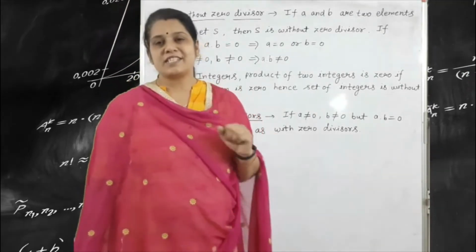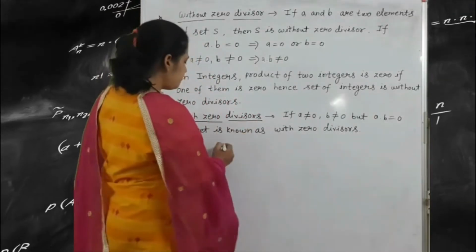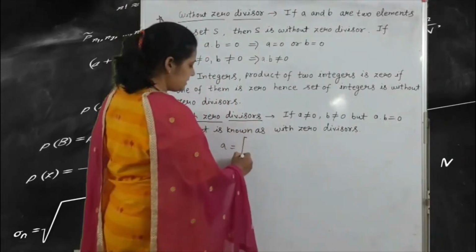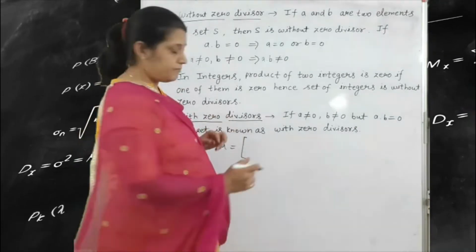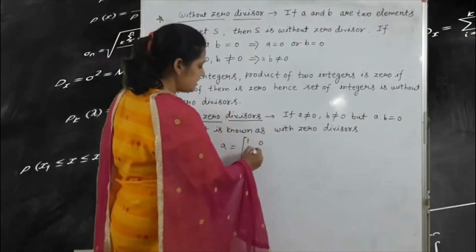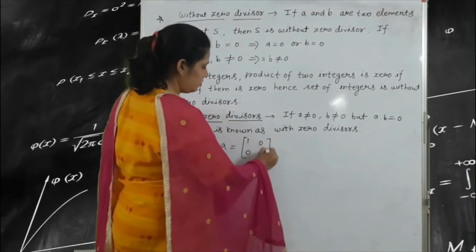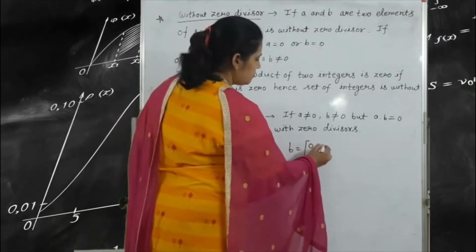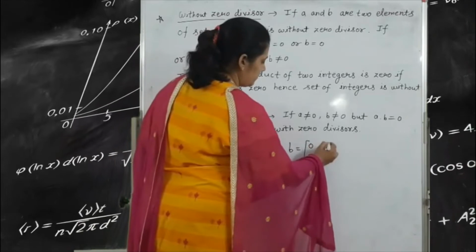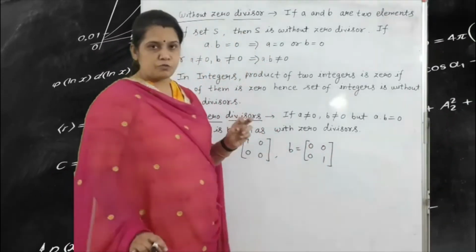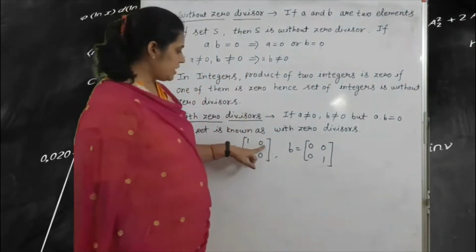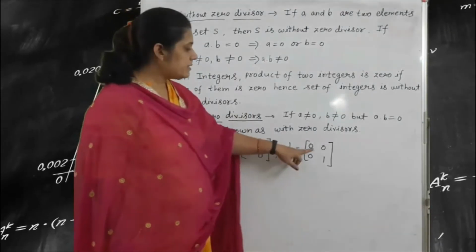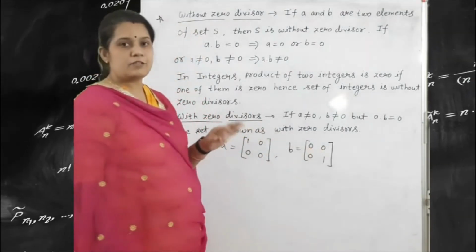So here we take one example. For example, a is equal to the matrix [1 0; 0 0], and b is equal to [0 0; 0 1]. We have two matrices, a is equal to [1 0; 0 0] and b is equal to [0 0; 0 1].